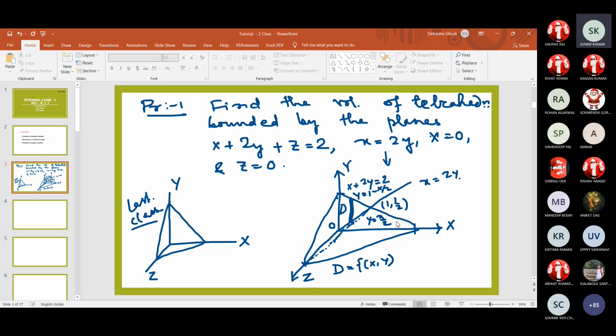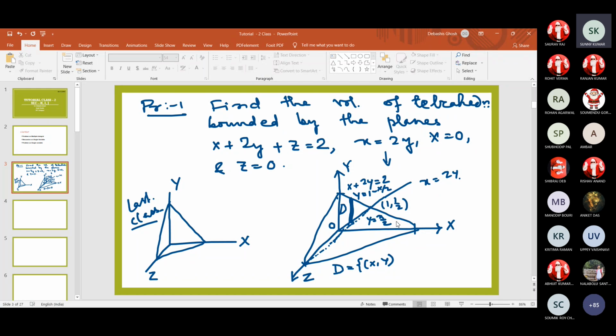If you consider the line x equals 2y, that is this line, and another plane is the intercept plane. If you consider x by 2, y by 1, and z by 2, that gives you this plane. Now we are going to find out which portion that is.